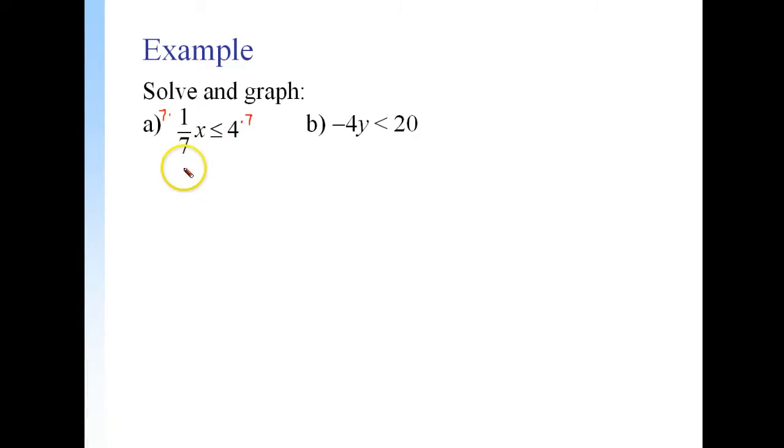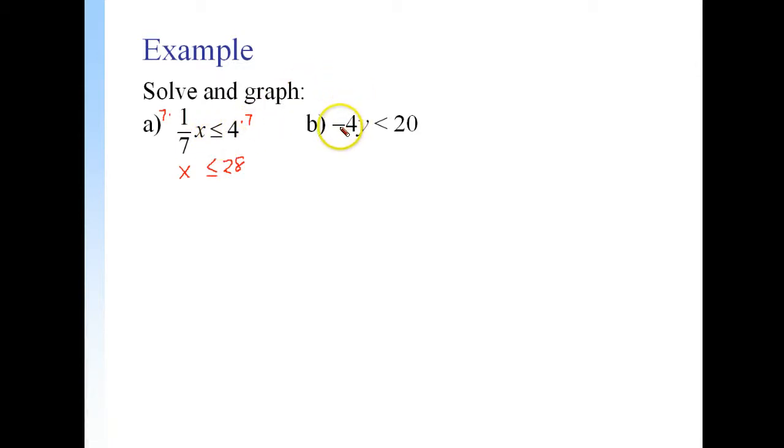And this then becomes, the 7's cancel out, and I get x is less than or equal to 28. Is this true? Yes. And I don't have to do any kind of changing around.